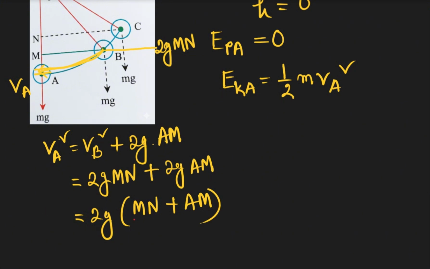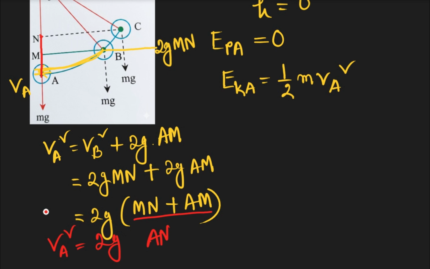Up to this much, MN plus AM, all together we can write AN. So instead of MN, we could write AN. What is left? 2g. So Va squared equals 2g AN.